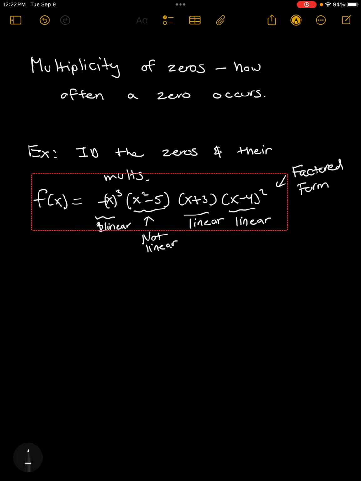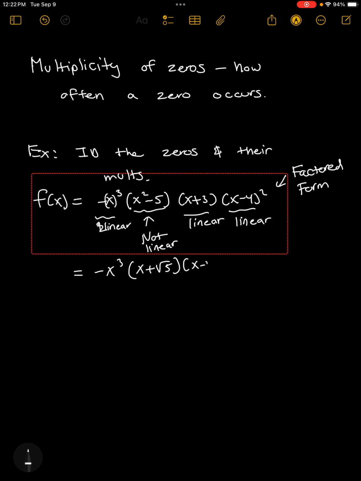I'm going to have to do a little factoring first. Even though this is not a difference of two squares pattern, you can factor it over irrationals, which we'll cover in a future video or lesson. So you could factor this as x plus root 5 times x minus root 5. Now all your factors are linear.